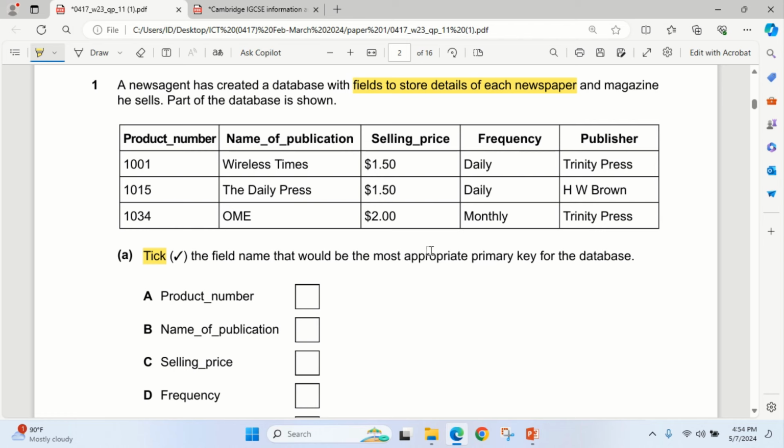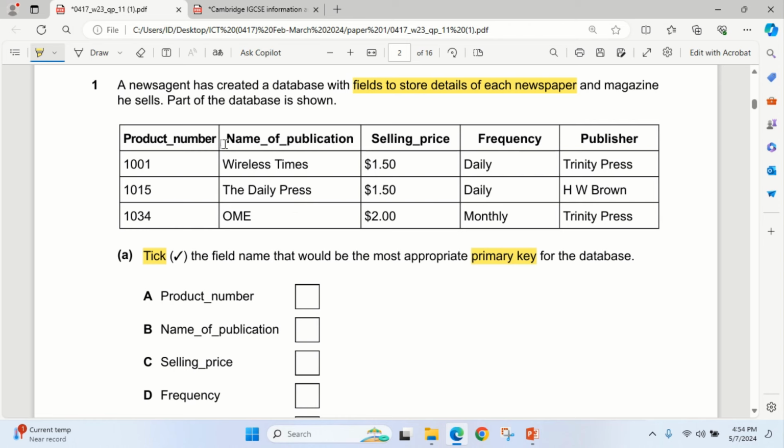So the most appropriate for the primary key, it can be name of publication, it can be selling price, because you could have two magazines having the same selling price like you have in this example. The frequency could be daily, monthly, they may have it. But a primary key is a field that uniquely identifies every record.